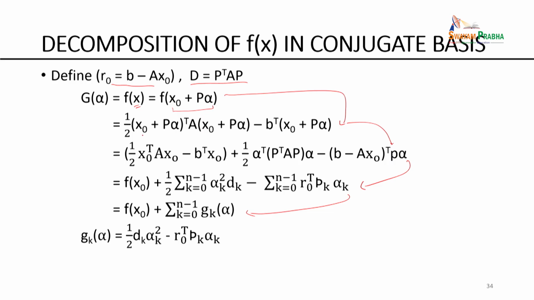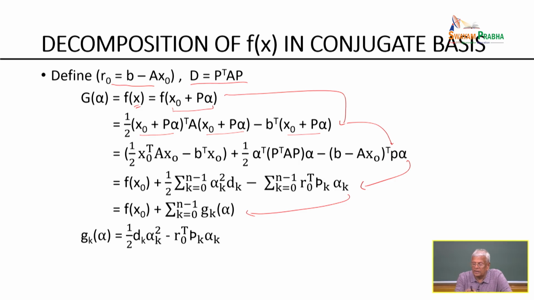So, I am substituting x by x naught plus P alpha. You open the brackets, you distribute, you recompute everything, you get this term minus this plus this term minus this term.